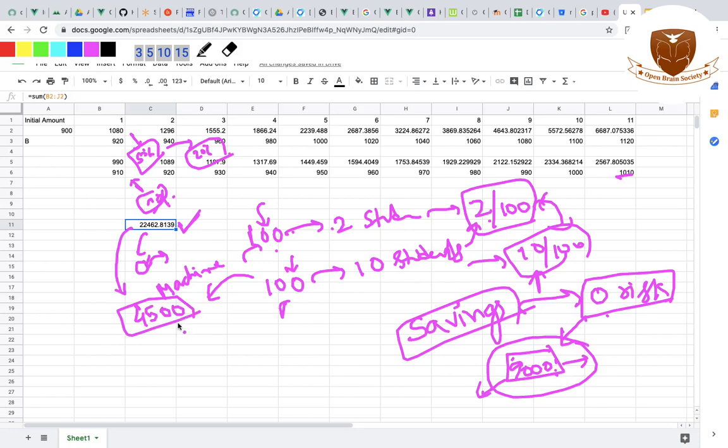This is also a possibility. And in most cases, this could lie somewhere between 4,500 and 22,500. This much variation could be there in what you get at the end of 9 years. So this variation would decrease slightly when you go to option 2.